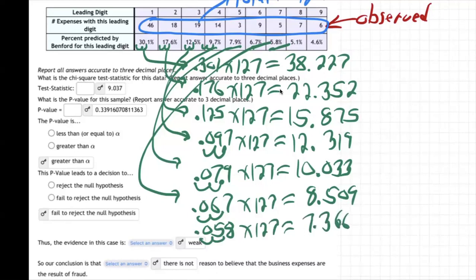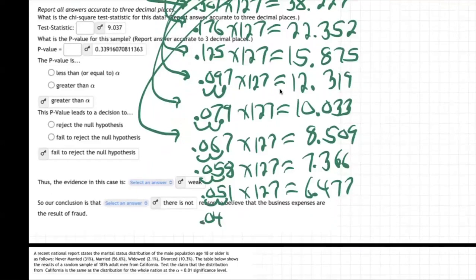We're getting close. Next one, 5.1, 0.051. Again, start here, 2 places, times 127 is 6.477. And then the last one, 4.6, 2 places back, 0.046, right? Because right here, 1, 2, times 127 is 5.842.